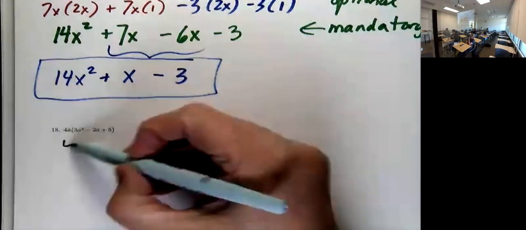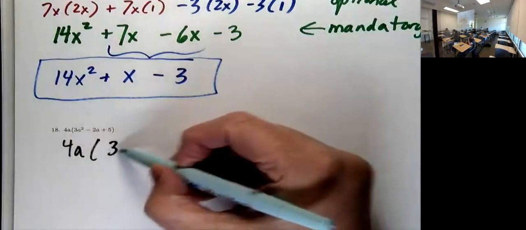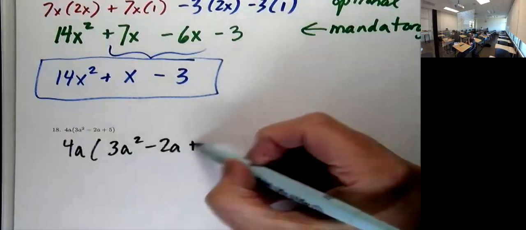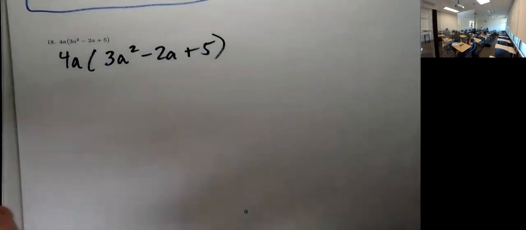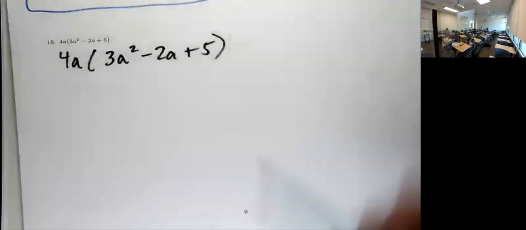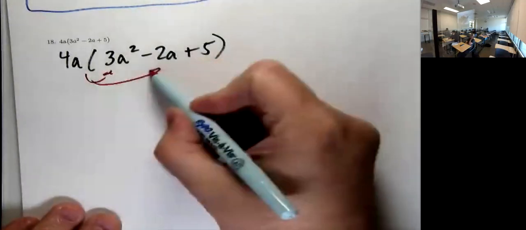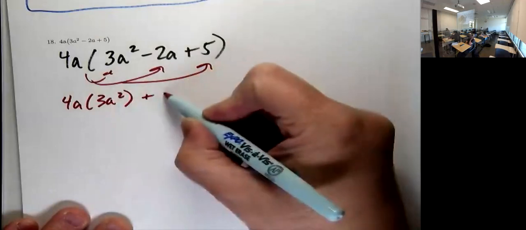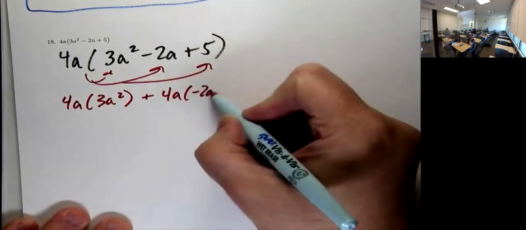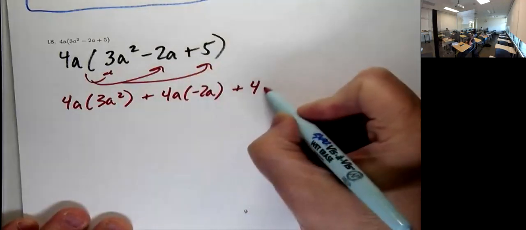All right, so the next one is this. We're basically doing the same thing, we're just distributing. Four A times 3A squared plus 4A times negative 2A plus 4A times 5.